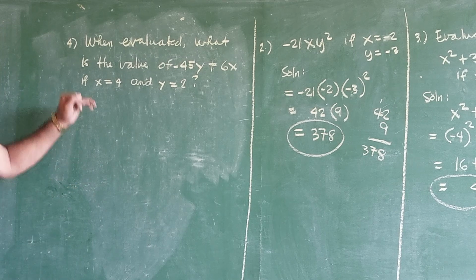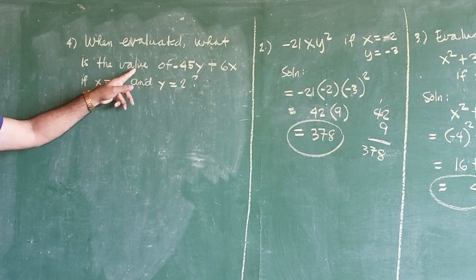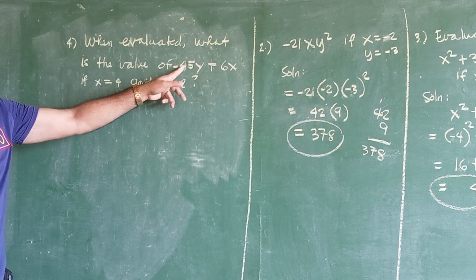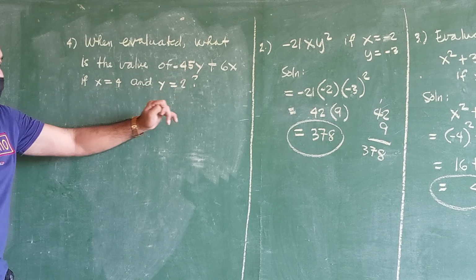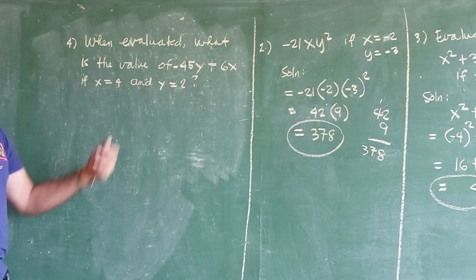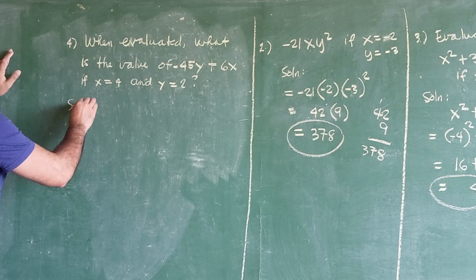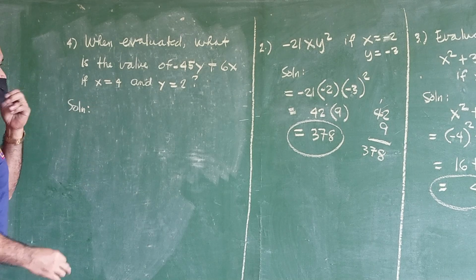Okay, so the question is, when evaluated, what is the value of negative 45y plus 6x if x is equal to positive 4, and y is equal to positive 2? Okay, so the same rule is applied here.